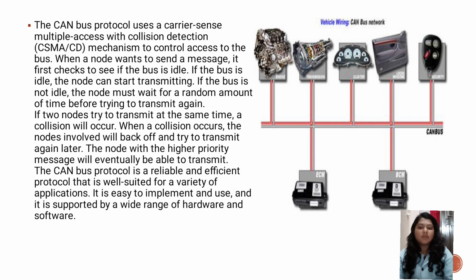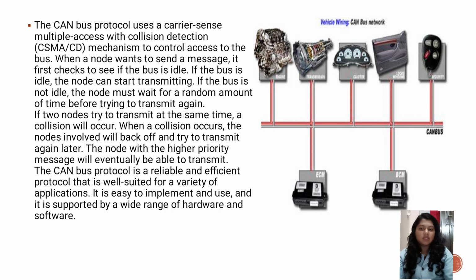The CAN bus protocol uses a carrier sense multiple access with collision detection mechanism to control access to the bus. When a node wants to send a message, it first checks to see if the bus is idle. If the bus is idle, the node can start transmitting.